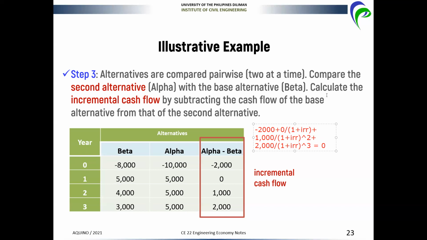Tama, diba? Ganito yung naaral natin nung previous na module. And so if you do that, what are you able to calculate? Sige nga. Please type in the chat box kung ano yung makakalculate nyo na IRR.